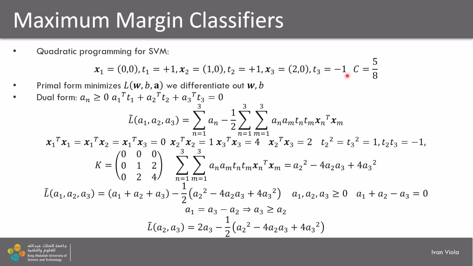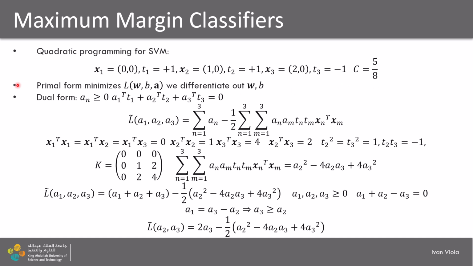We will have to deal with a case with a soft margin, also because our margin cannot be of a distance 1 here, and therefore this hard margin case cannot be satisfied. We will therefore resort to the soft margin, and we will define that our C is some value which we set as fifth, eighth as a threshold parameter.